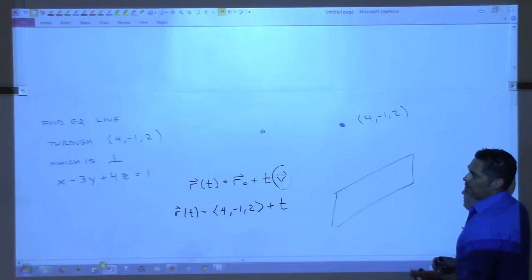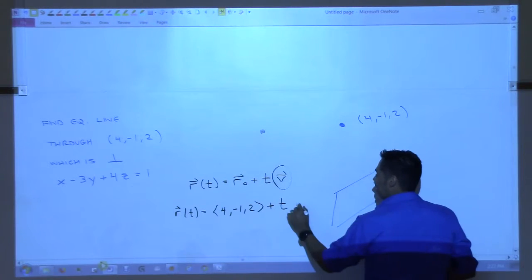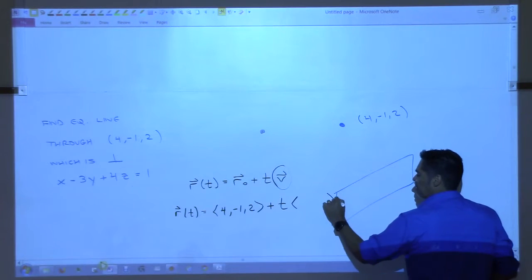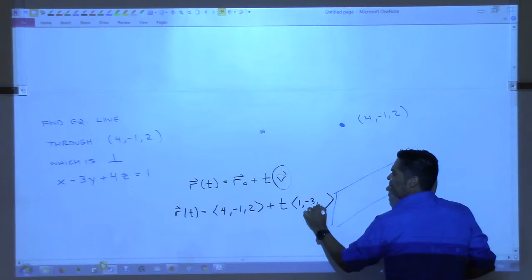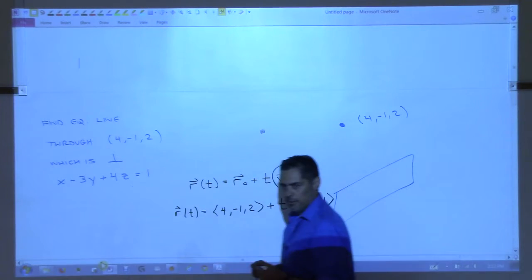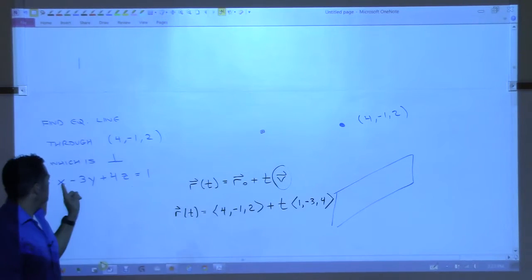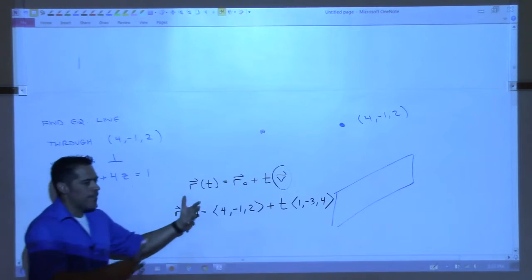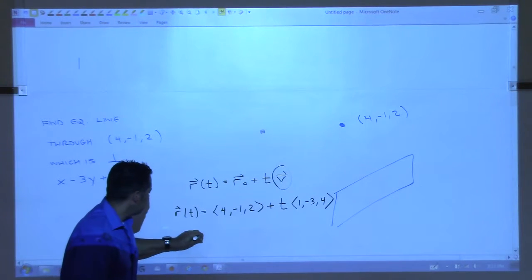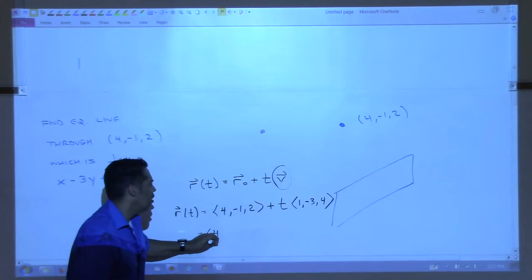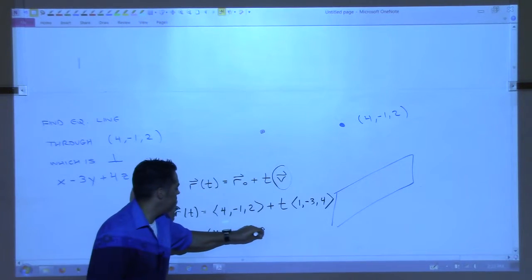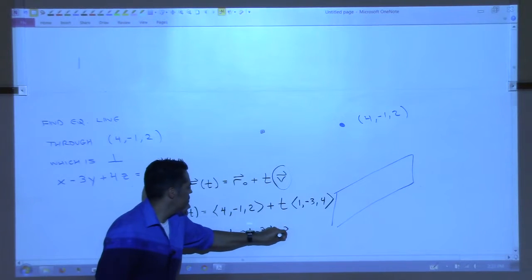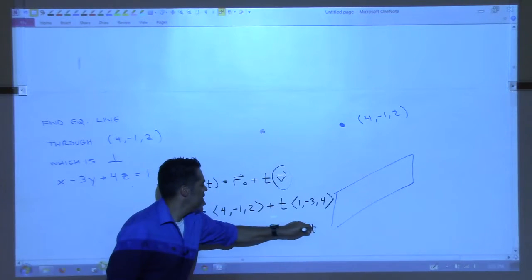Because we have to be perpendicular to the plane, I can use the coefficients, so 1, -3, 4. Then we can put it all together. This would be 4 plus t, -1 minus 3t, 2 plus 4t.